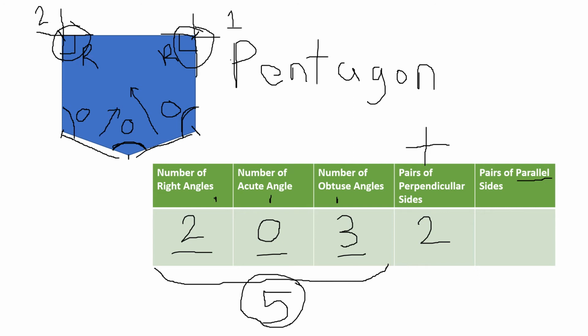If I look at this side over here, and look at the opposite side, I can see that they are parallel. They are the same distance apart. They're going in the same direction. So that's one pair of parallel sides. If I look at this side and I look directly across, I do not have a side that is parallel to it. So this shape, this pentagon, has one pair of parallel sides.